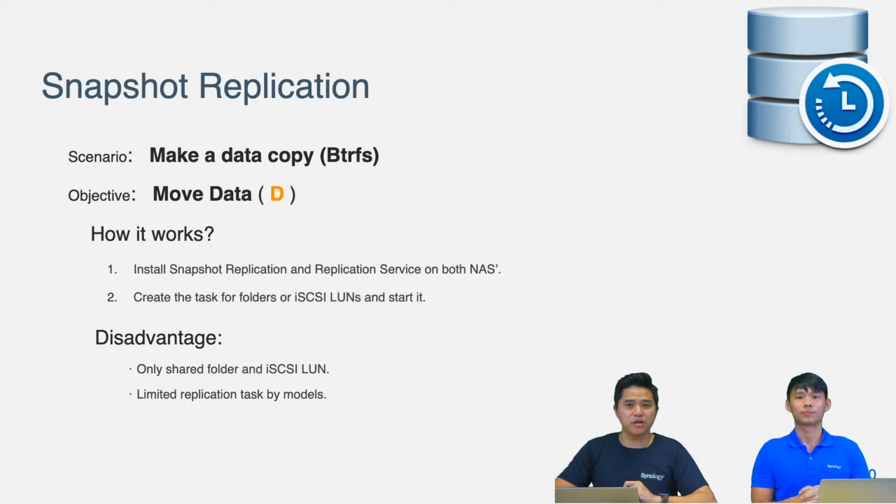It will take a snapshot from the original NAS, replicate it to the target NAS, and it can recover all of the data instantly. Compared with the Hyper Backup you mentioned earlier, Snapshot Replication can back up and restore the data in less time. Wow, I'm very impressed. You really know how it works. However, please remember one thing again.